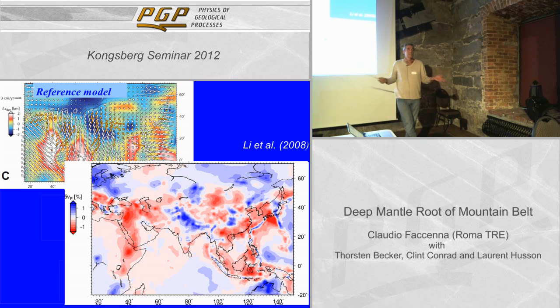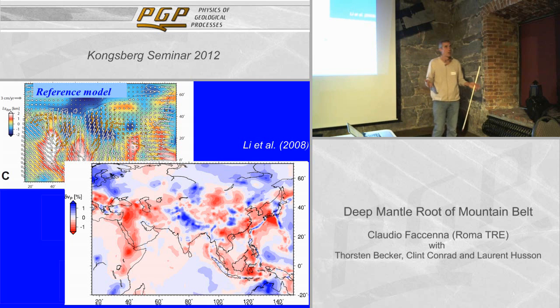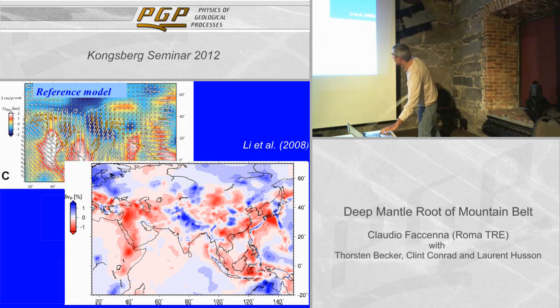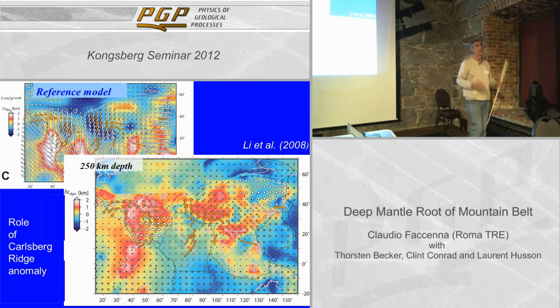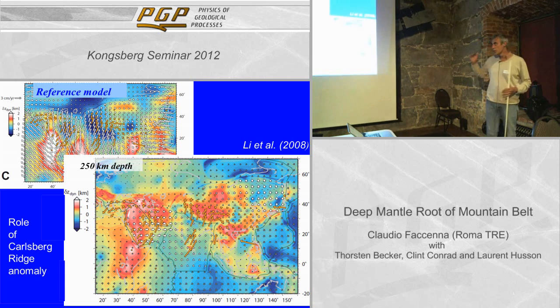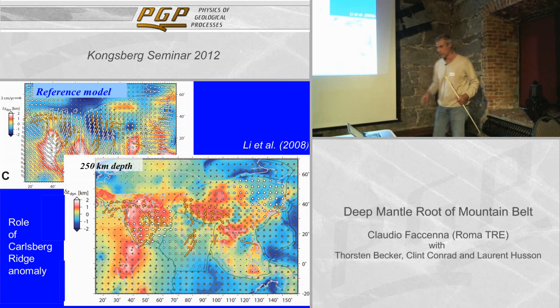Because this is a limitation intrinsic to the P-wave model, it doesn't capture the low velocity anomaly well. And if that is the case, then India is not moving anymore. It is moving just a little bit in the other direction, and also Arabia is not matching anymore. So only if you include the low velocity anomaly, that is the upwelling part of the system, can you match the velocity of these colliding continents.